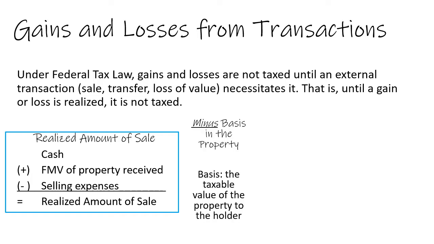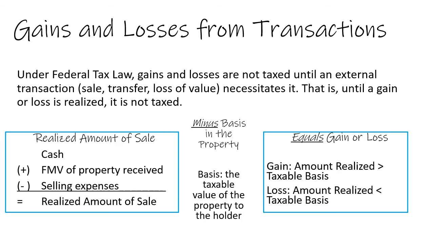You subtract from that the basis of the property to the property holder, and we computed the basis as well as the reductions in basis through capitalization in the previous chapter. What you get from that formula is your gain or loss. A gain occurs when the amount that you realize on sale exceeds the taxable basis, and a loss occurs when the amount that you realize on the sale is less than the taxable basis.